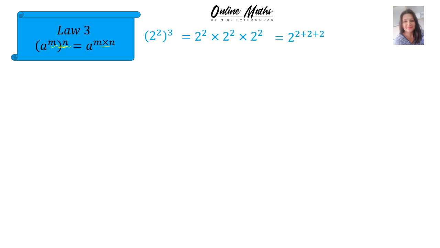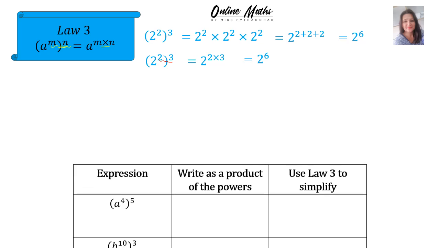Then it becomes 2 to the 2 plus 2 plus 2, which is 2 to the 6. Now if you use law 3, 2 squared raised to the power of 3, the bracket means multiplication, and the answer is 2 to the 2 times 3, which is 2 to the 6.